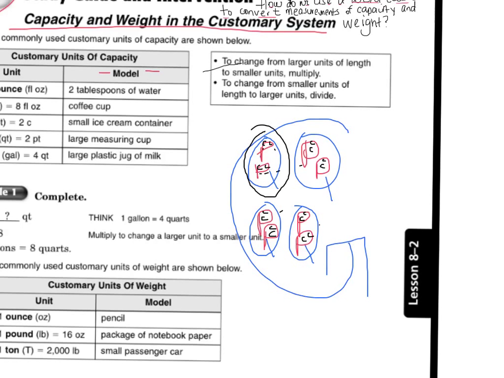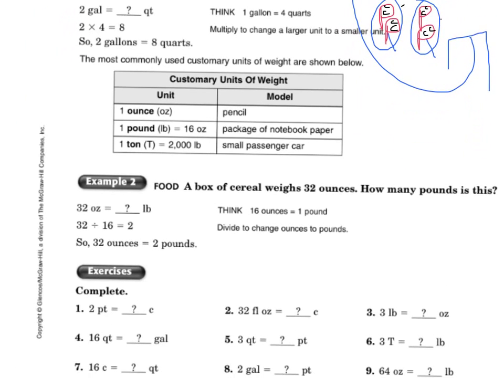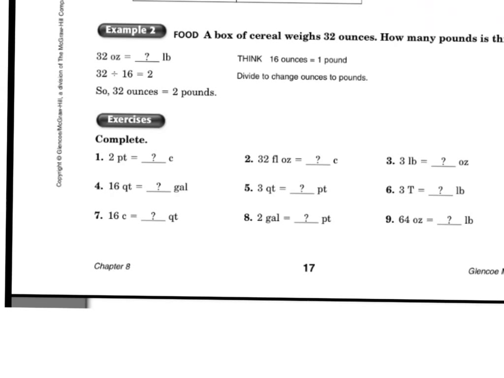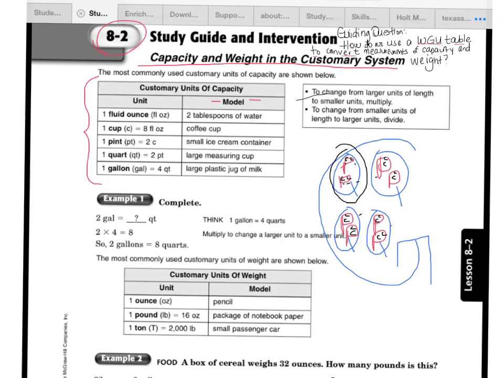Then we're going to continue practicing the WGU tables. Like I said, these are your capacity units right here. We've got ounces, cups, pints, quarts, gallons. These are all things that can hold a liquid, like measure a liquid or measure things that you can pour.